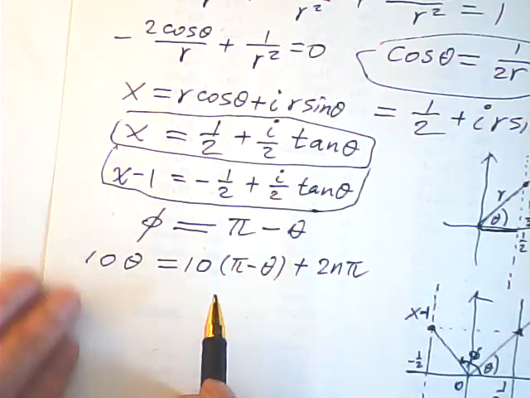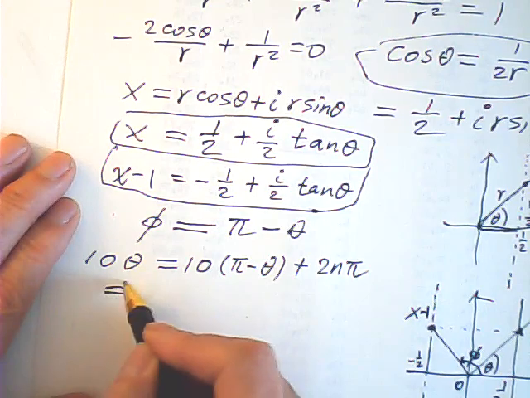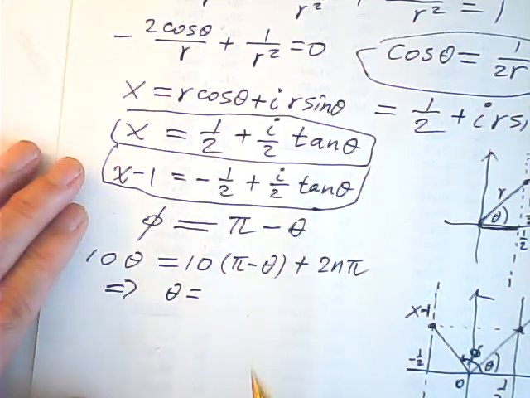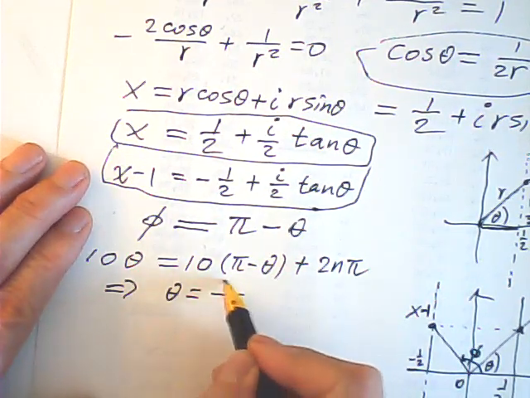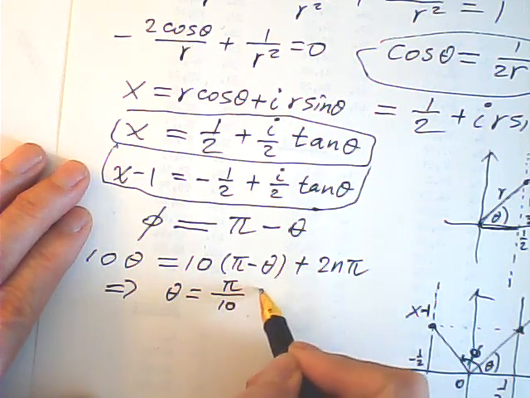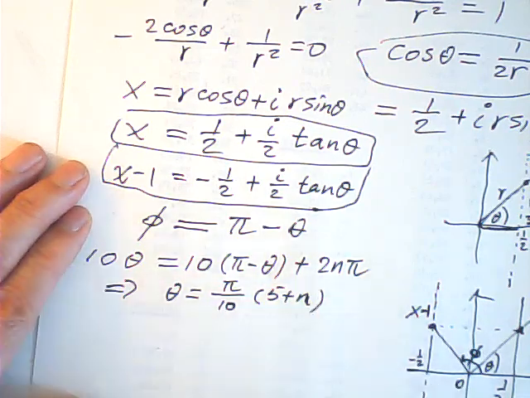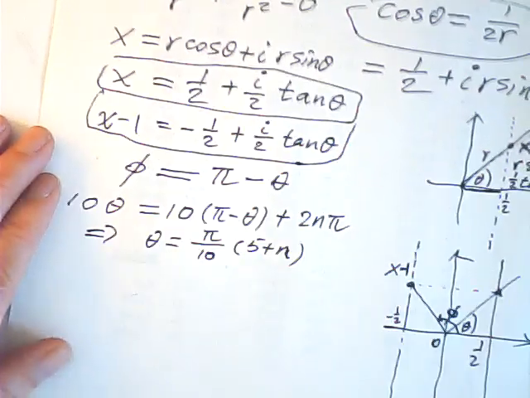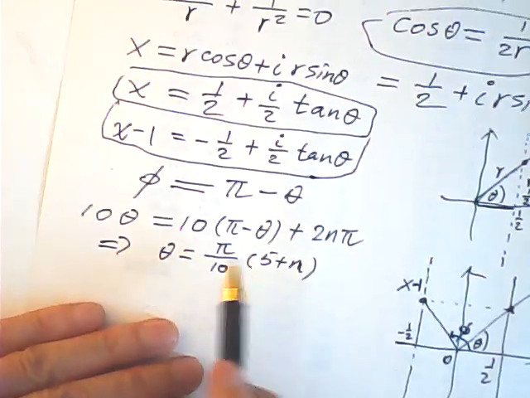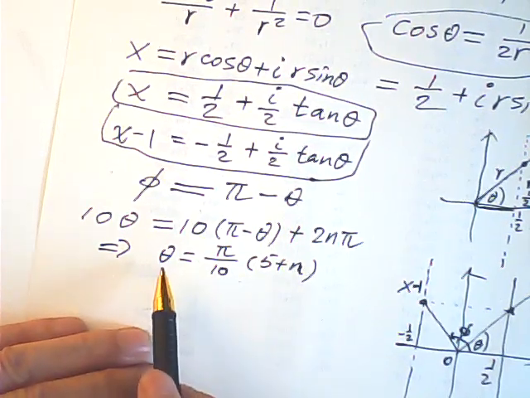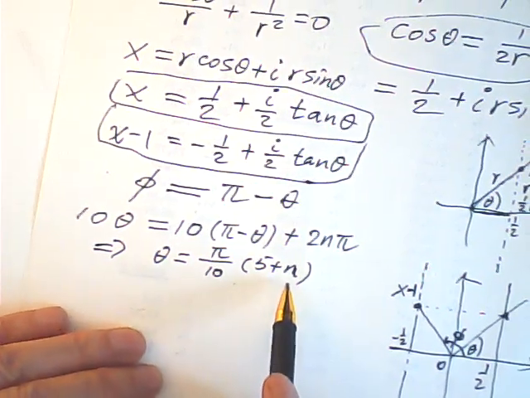From this equation, we can find that theta is equal to pi over 10 times (phi plus n). We just find theta by choosing a value of n.